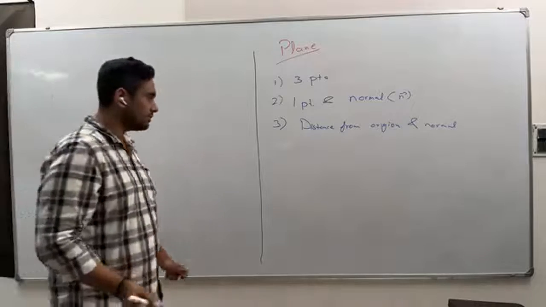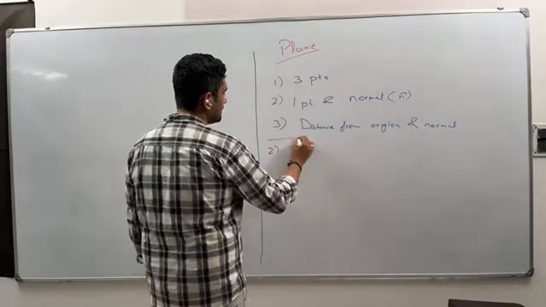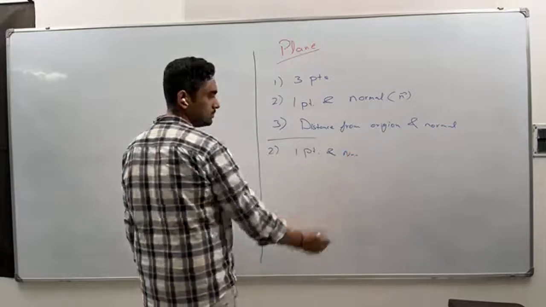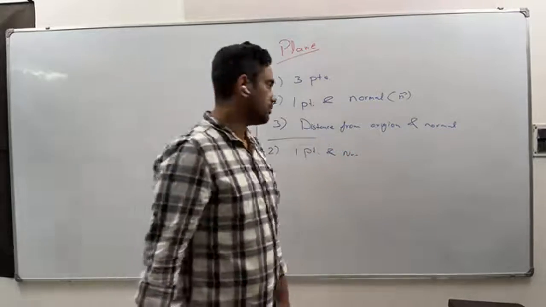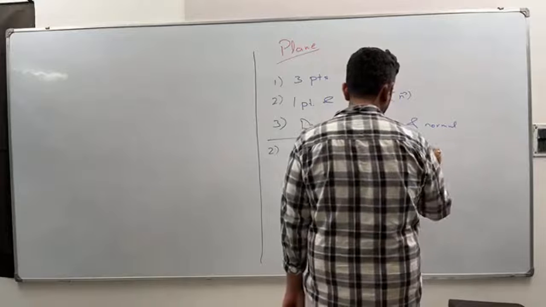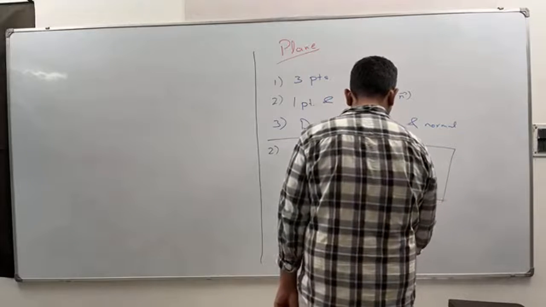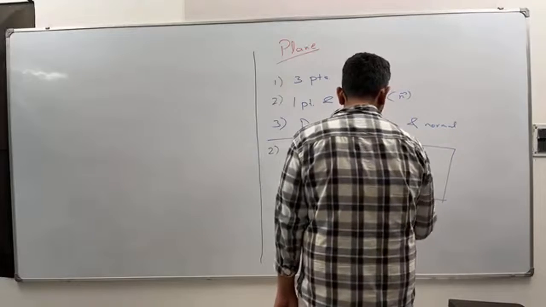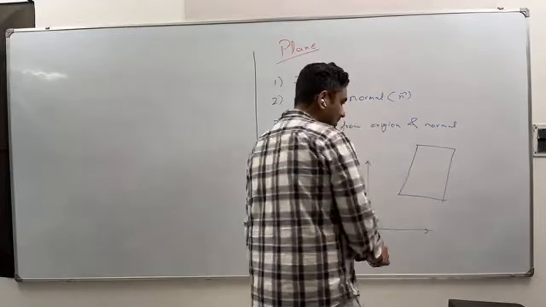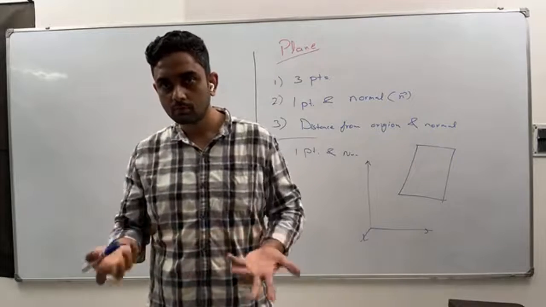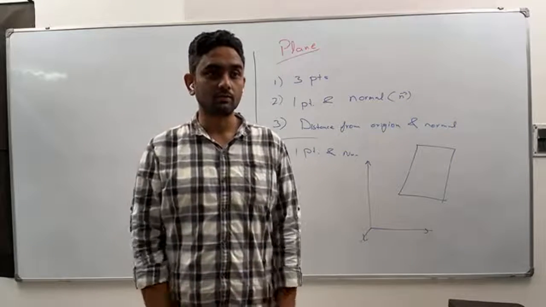So we'll start with the second one, when a point is given and normal vector is given. Let us say this is our plane. Every time we'll write the equation in terms of position vector.